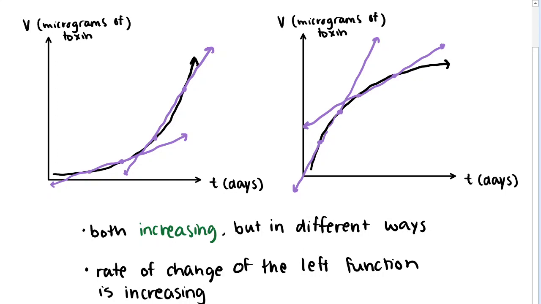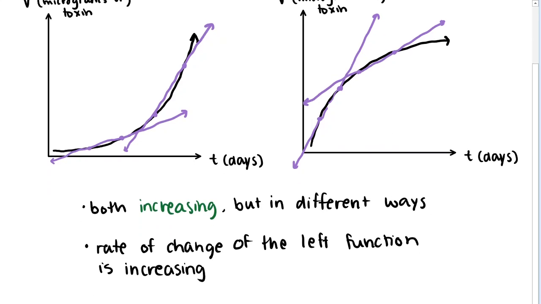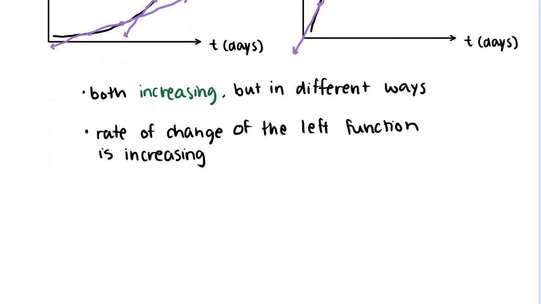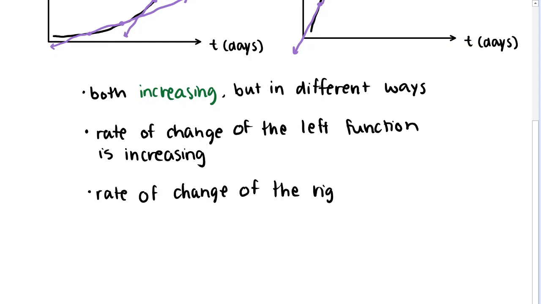It's going downwards, or it's decreasing, I should say. So the rate of change of the left function is increasing, but the rate of change of the right function is decreasing.